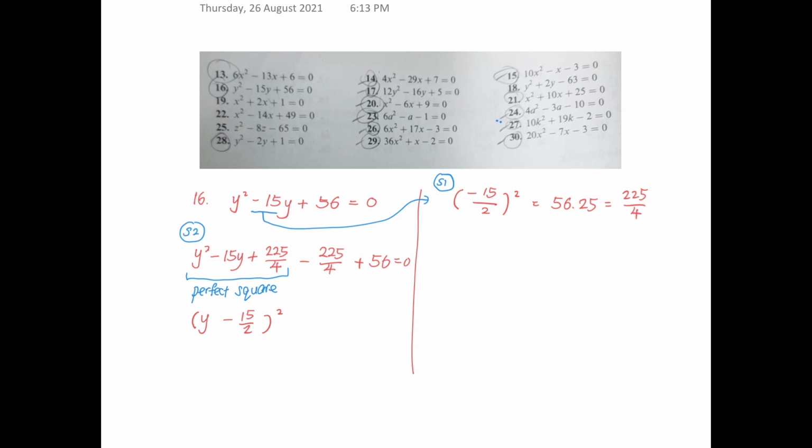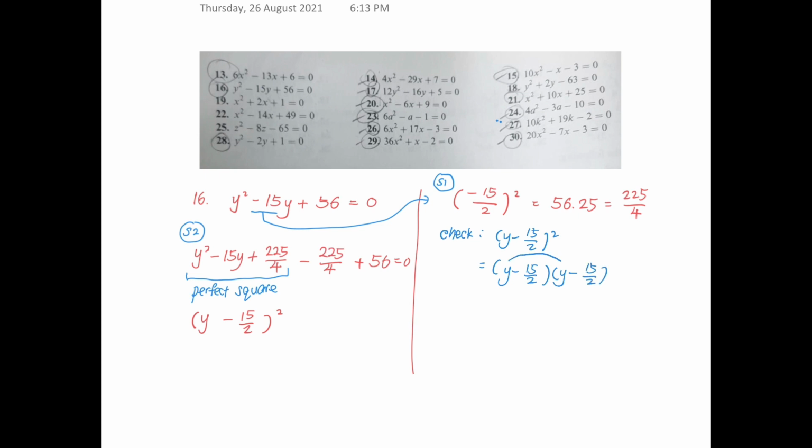So the 3 terms, you can change to y minus 15 over 2, squared. Of course, if you are wondering how come these 3 terms can change to this, you can do it at the side to figure out. Let's say, for example, I do it at the side just to check. I have y minus 15 over 2 squared, which equals y minus 15 over 2 times y minus 15 over 2.